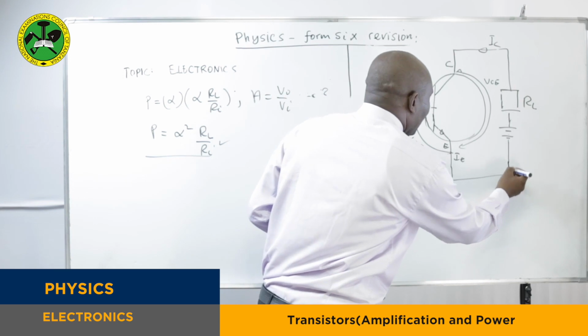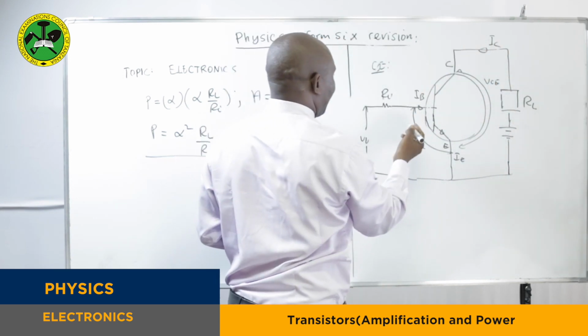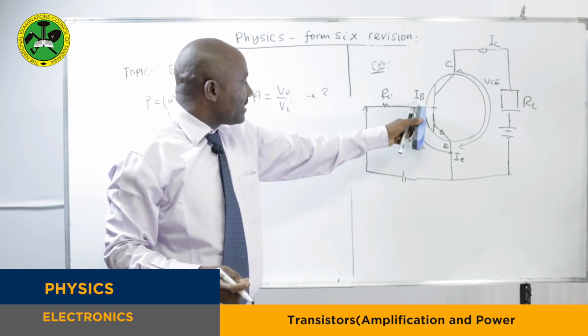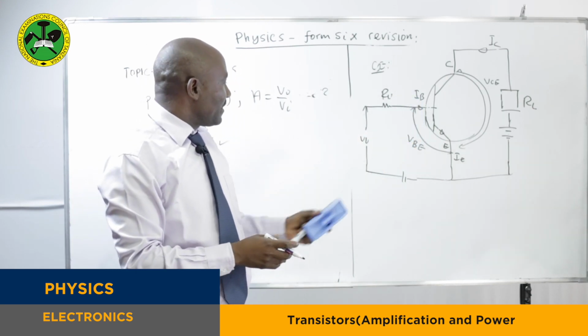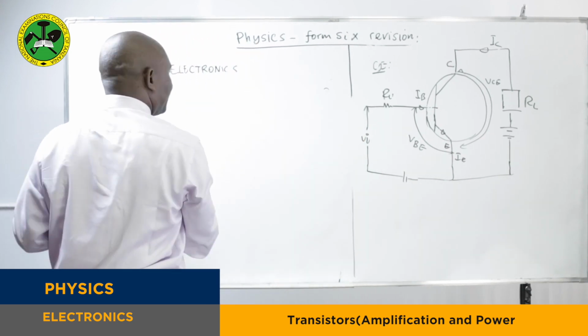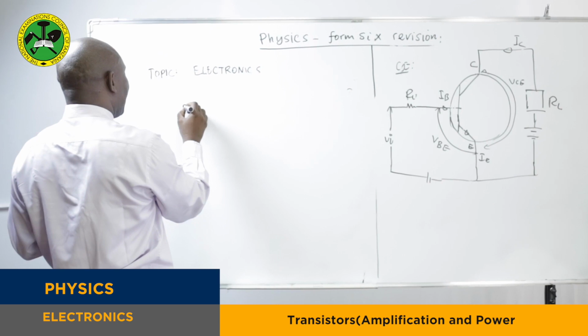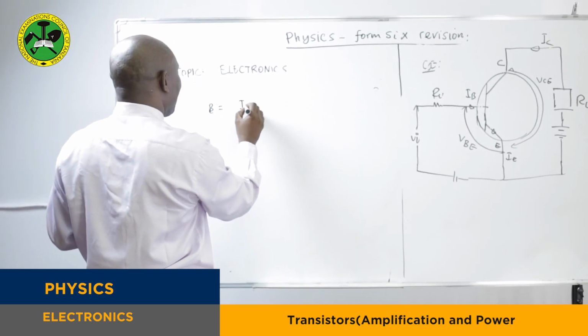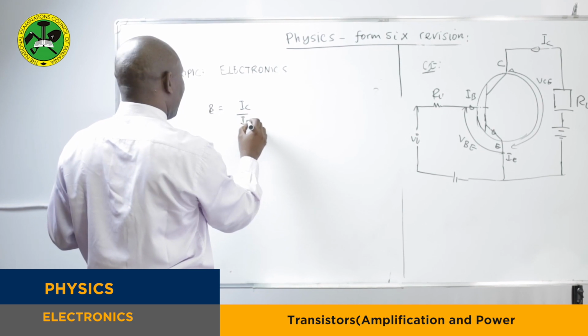From there, we know the current IC is the output, the base current is the input, and this is our input voltage. So you can find the current gain. Current gain, beta, here is given by IC over IB.